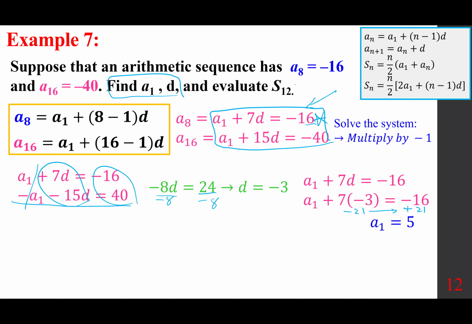What is left is S sub 12. To find S sub 12, we are going to use this formula or this formula. Because we don't have A sub 12, we're going to use this formula.